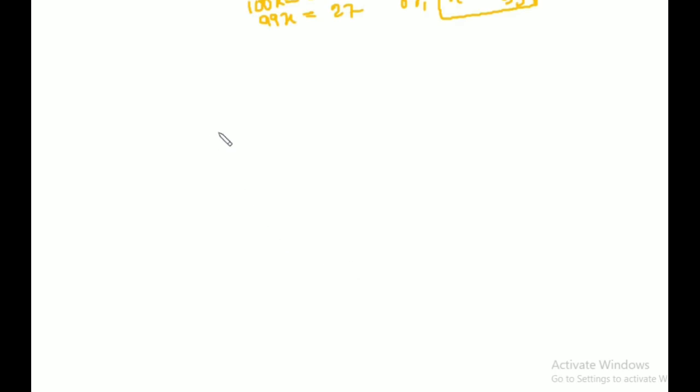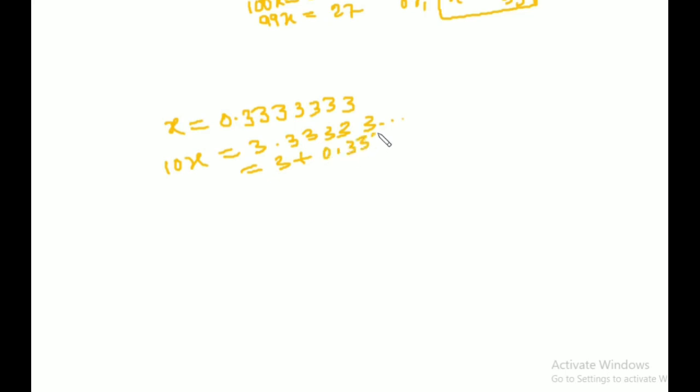So they have given 0.33333. This is very easy. We take x equal to this, we multiply by 10 on both sides, so 10x equal to 3.33333, and it will go on like that. Now on the right side we can write it like 3 plus 0.33333, like that.